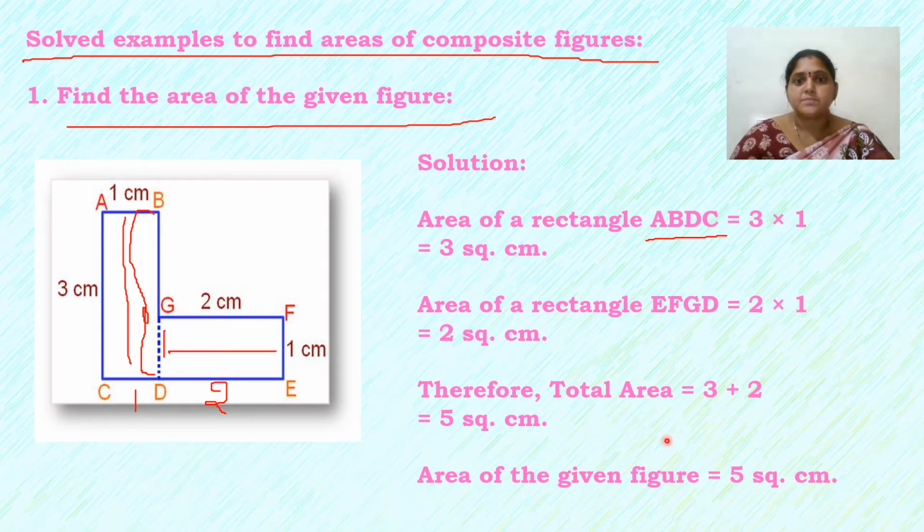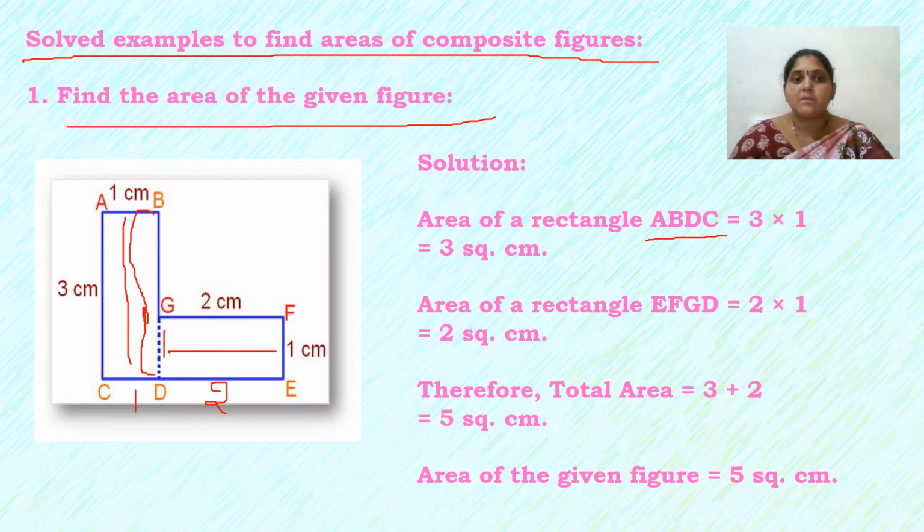That is, area of rectangle EFGD. This one. That is how we are going to find: 3 into 1 is equal to 3 square centimeters. It is 2 into 1, that is 2 square centimeters. Therefore, total area is equal to 3 plus 2, that is equal to 5 square centimeters. Area of the given figure is equal to 5 square centimeters.